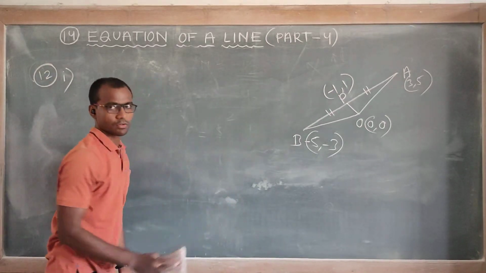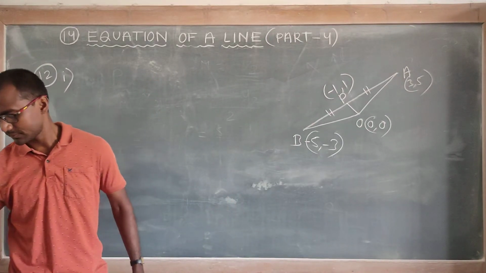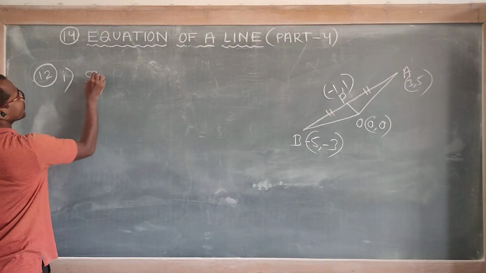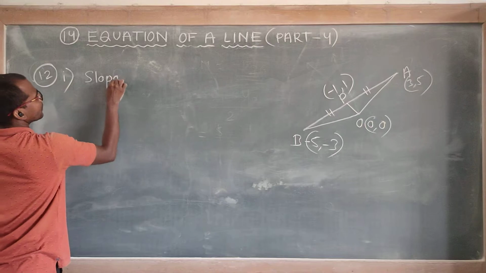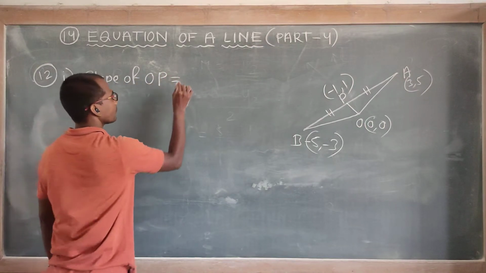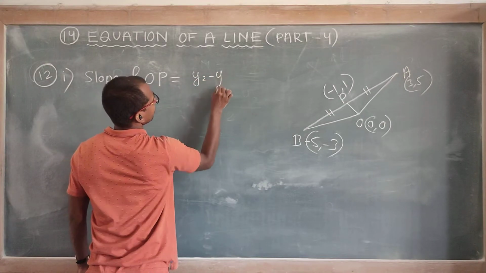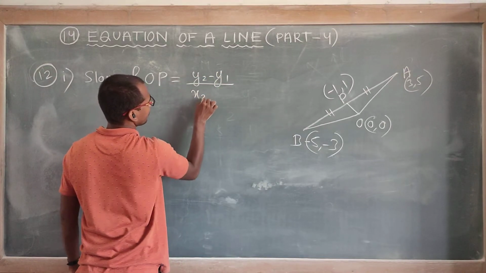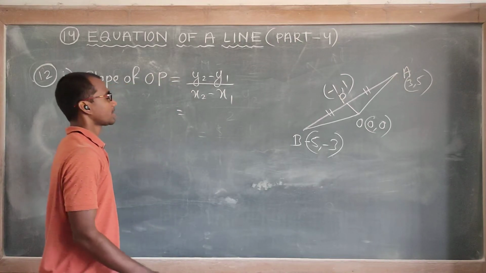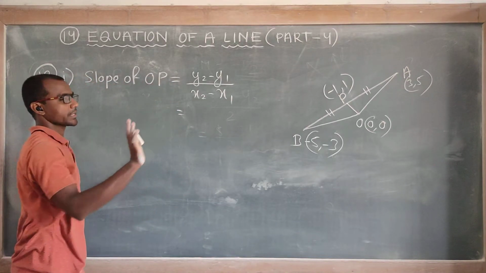Now let us find the slope of the line OP. Slope of OP is equal to y2 minus y1 by x2 minus x1. We can take O as x1 y1, P as x2 y2.